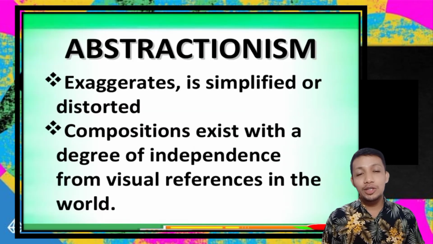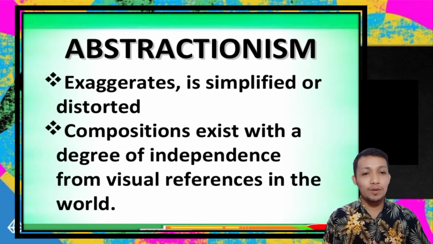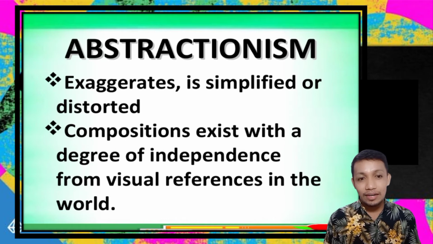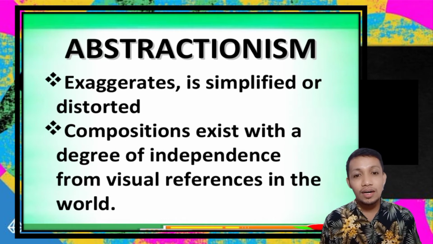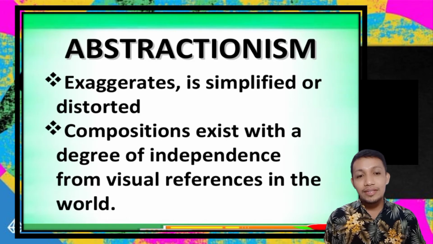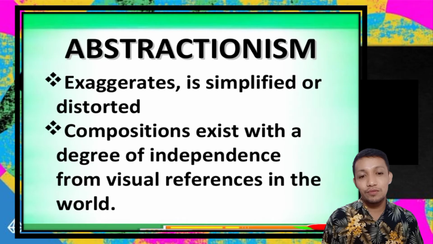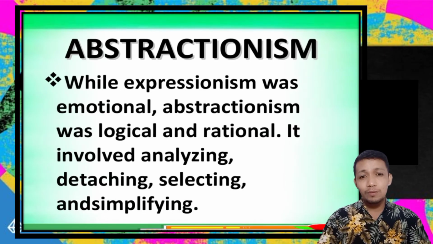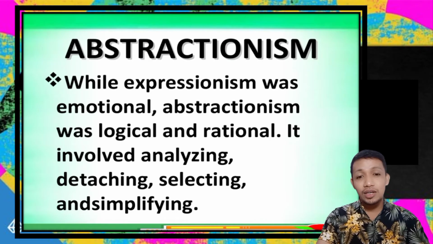We shall now proceed to the third movement of modern art, which is Abstractionism. Abstractionism is characterized as exaggerated, simplified, or distorted. Its compositions exist with a degree of independence from references in the world. While Expressionism was emotional, Abstractionism was logical and rational.